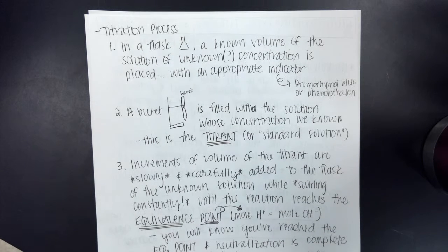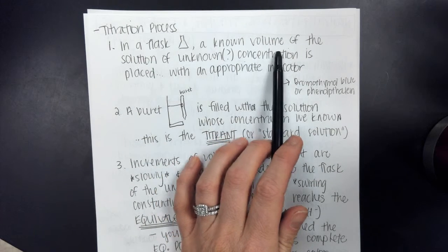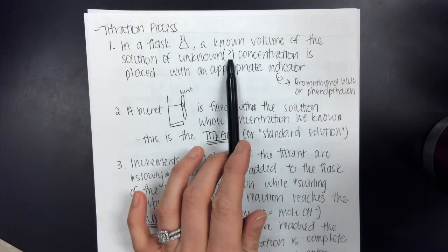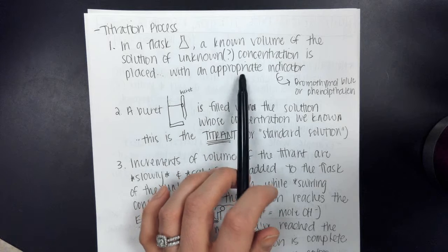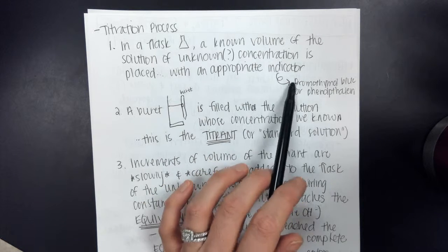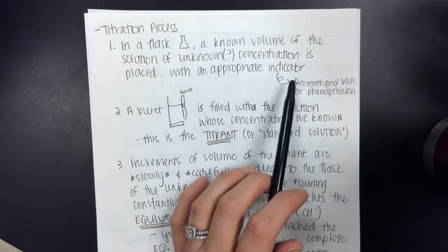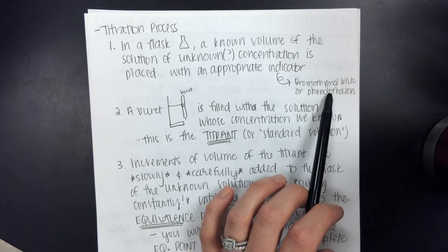Okay, so the process is, in a flask, a known volume of a solution whose concentration we don't know is placed into the flask with an appropriate indicator. Okay, and we'll talk more about why you would pick one of these in a second, but your usual indicators are going to either be bromothymol blue or phenolphthalein.